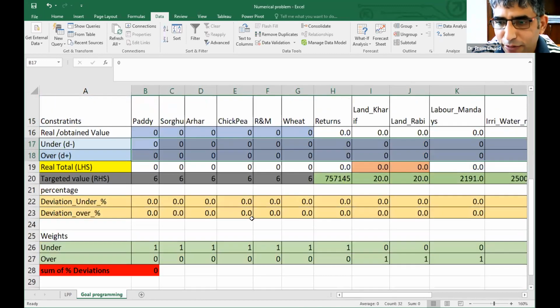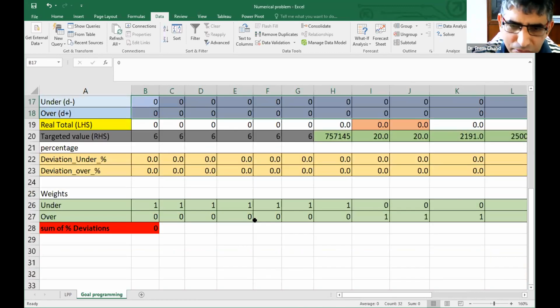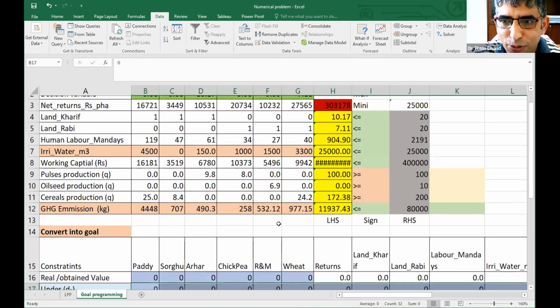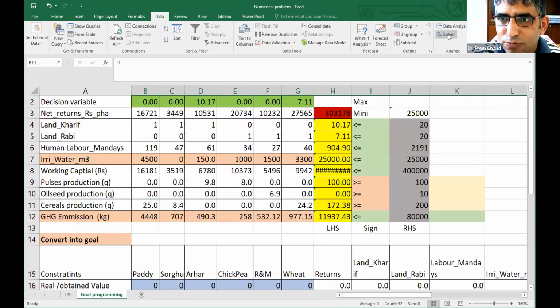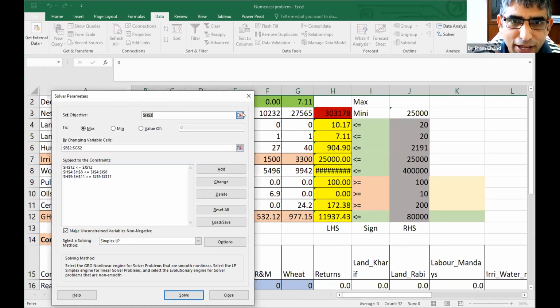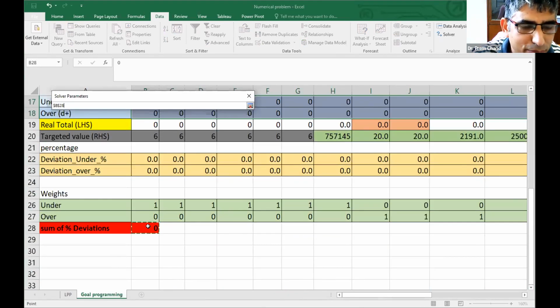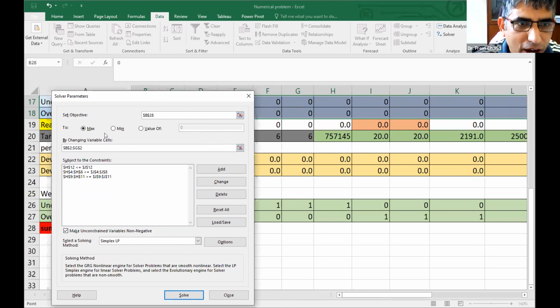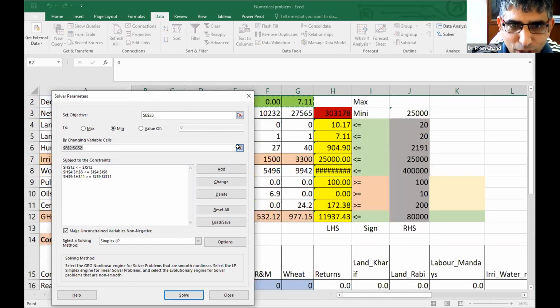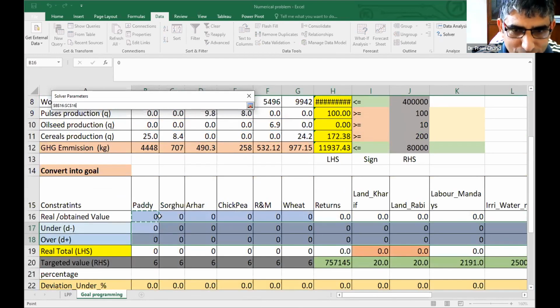Now I will solve it, very simple. As we solve the LP, my goal is minimization of deviations from the goal. So this has become my objective function. I want to minimize it by changing this one and also this one.